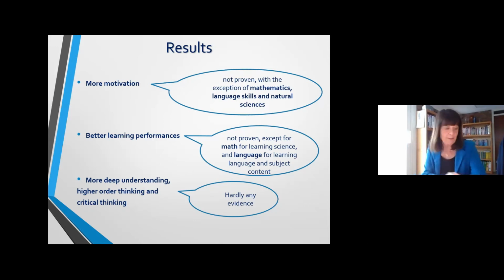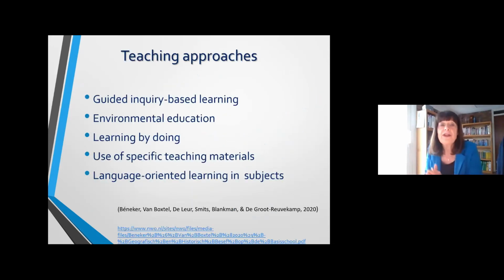So now it's time, more than time, to go to the teaching approaches. In the context of the research project that I mentioned before, into pupils' knowledge and skills at the end of primary school for history and geography, a review study has been carried out in 2020, so last year.